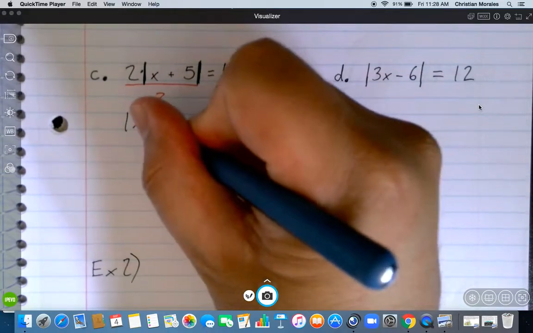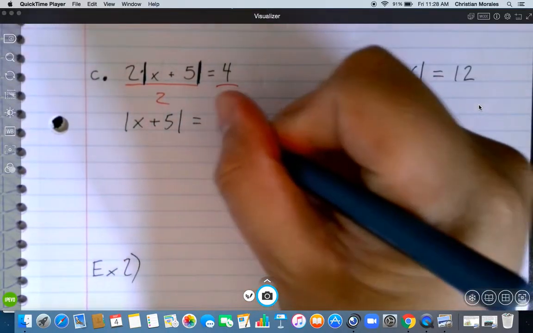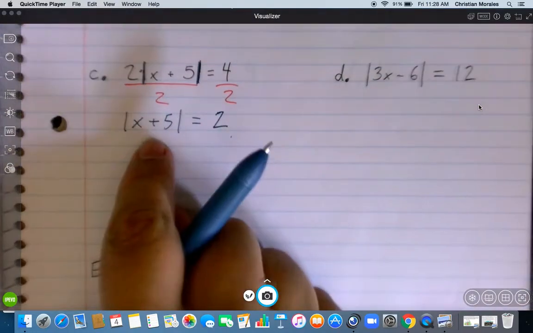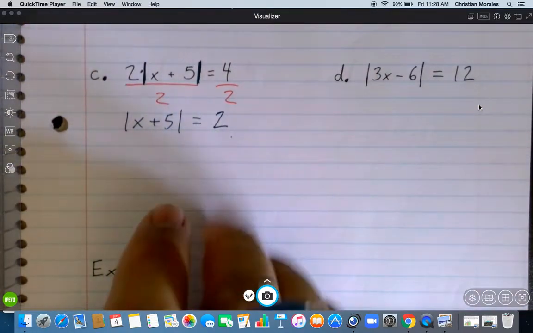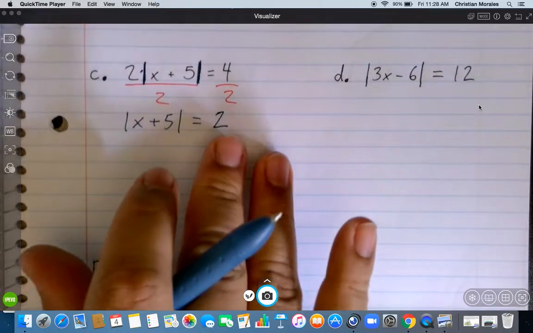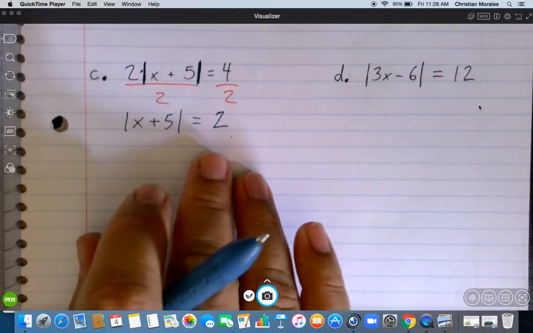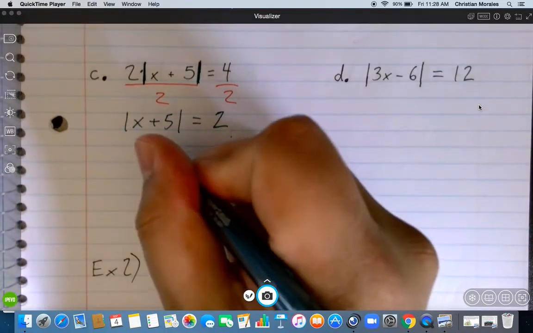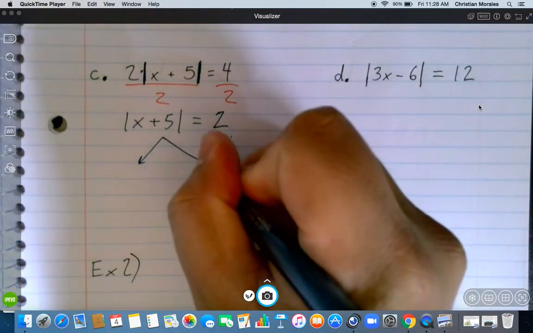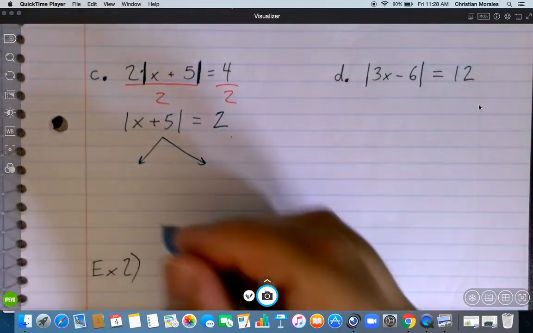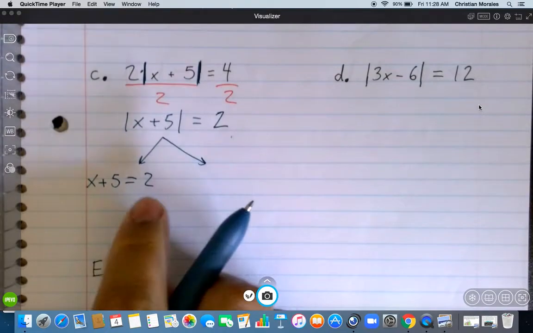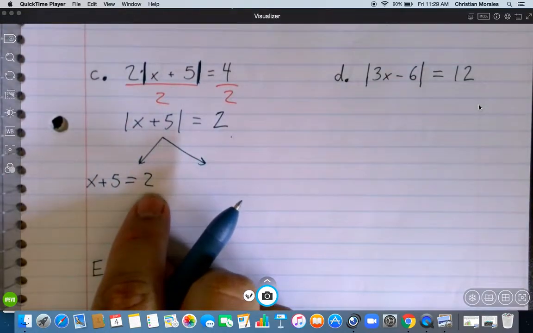Then we have this: x plus 5 equals 2. Now, here's the weird thing. Because we know there's 2 possibilities, we have to solve this 2 different ways. The first way we're going to solve it is with a regular 2 inside.